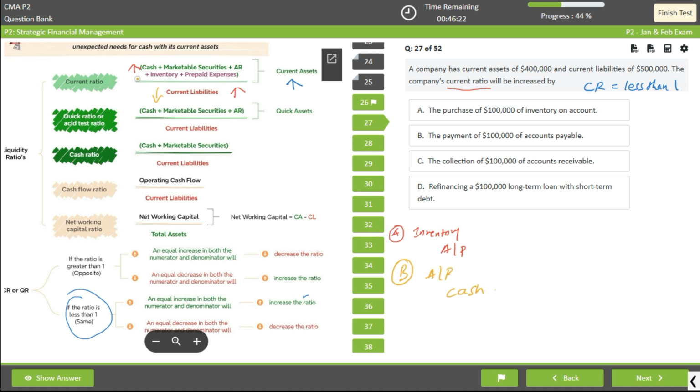So an equal decrease in both the numerator and the denominator will decrease the ratio. Let us mark here: the ratio increases in the first case, and here the ratio decreases.